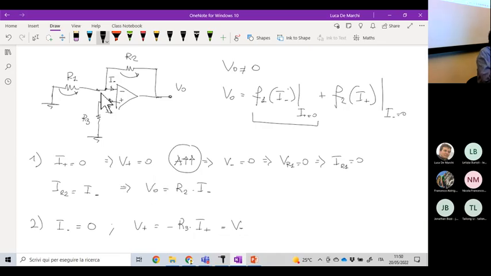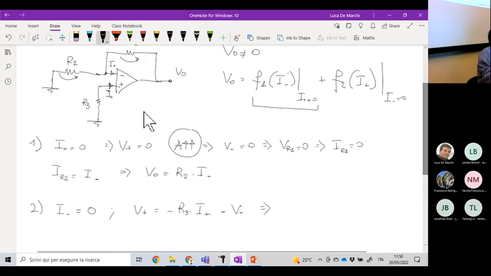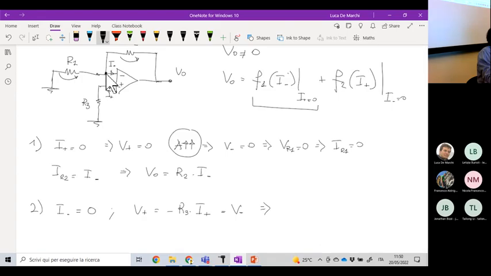Okay, so virtual short circuit in the new condition. So we can compute V out by taking into account that the voltage drop here is minus R3 I plus, and this generates a voltage drop across R1, and this voltage drop generates a current which flows into R2.